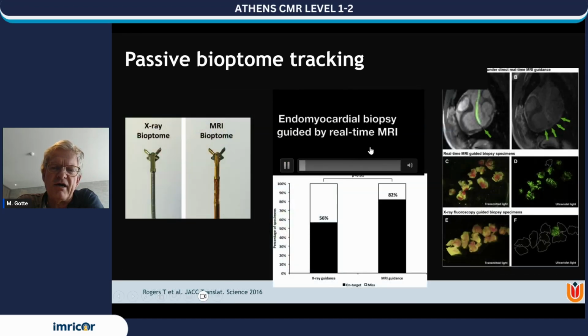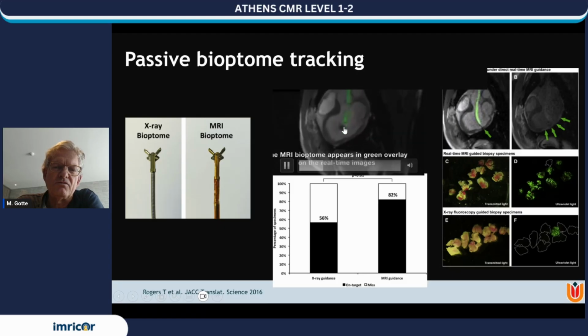In addition, you can try to use AI software to generate a kind of overlay over these instruments visualized by the passive markers to improve the navigation and accuracy of navigating a bioptome, in this case, to a target area.